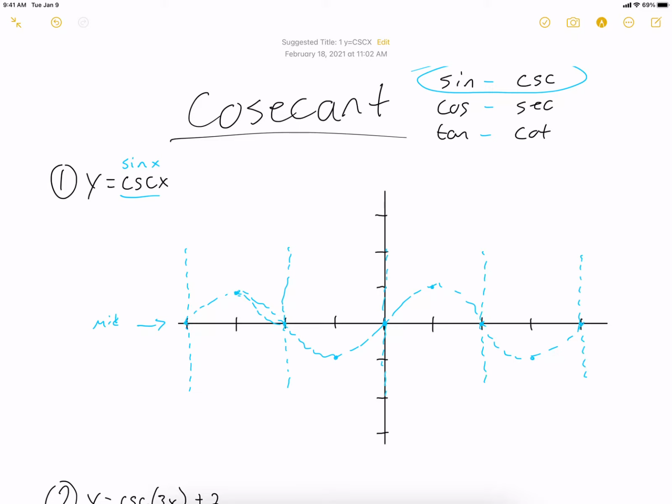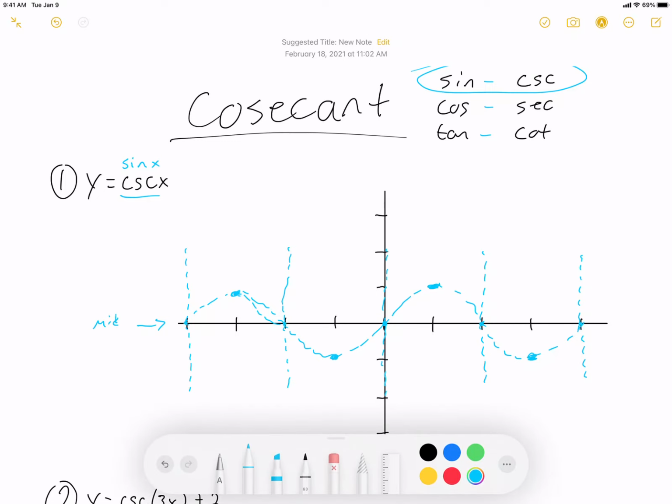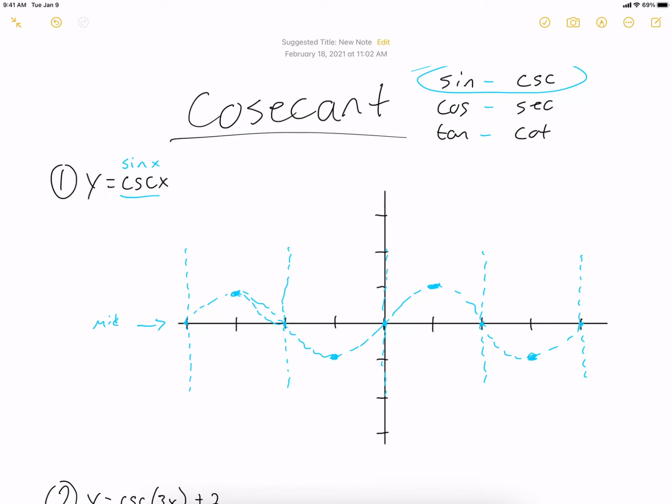And then we're going to find the maximum or the minimum of each of our sine and cosine function, and then we're going to now connect these in such a way where it's not really a parabola, but we'll just call it a parabola, a U or an N-shaped graph, where the minimum of this N-shaped graph goes through the maximum of the sine function, or the maximum of this N-shaped graph goes through the minimum of the sine function. And this, what we're graphing here, or drawing in red, is our cosecant function.